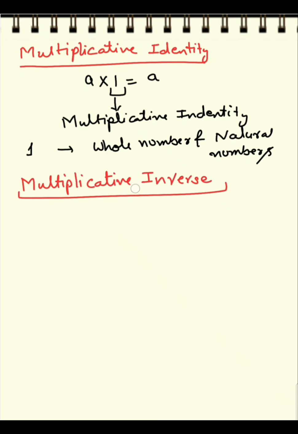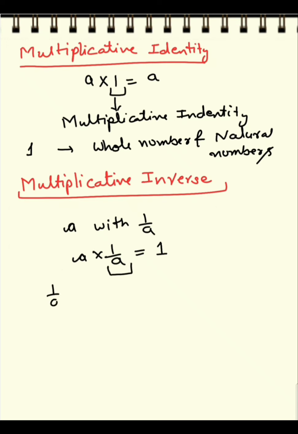Next we have multiplicative inverse. Suppose we multiply any whole number A with 1 upon A, then we will get 1. A multiplied by 1 by A is equal to 1. Then 1 by A is known as the multiplicative inverse of that number.